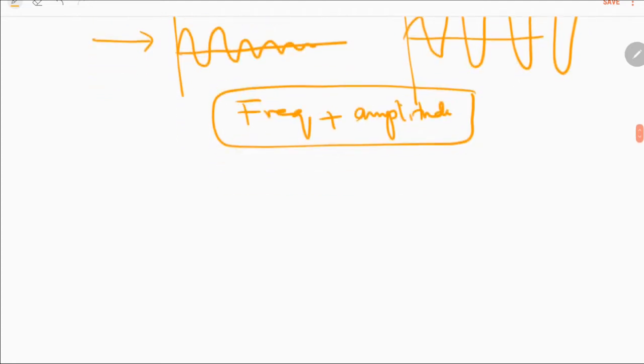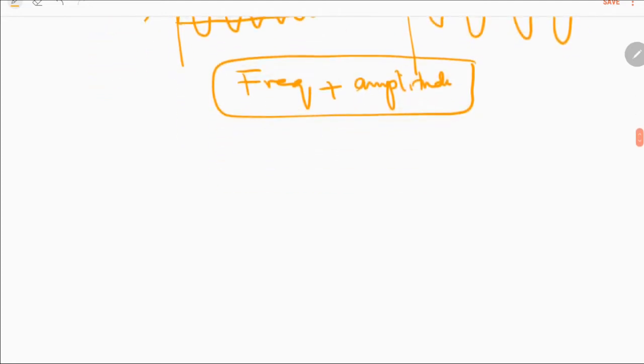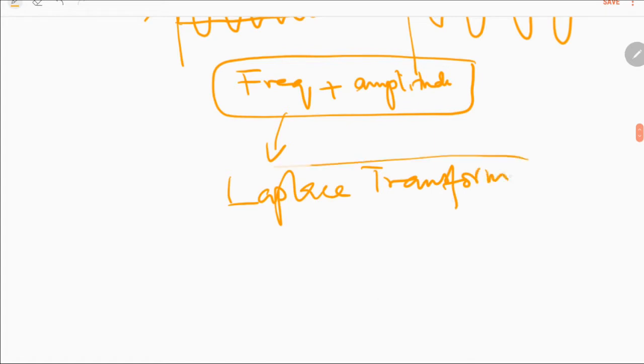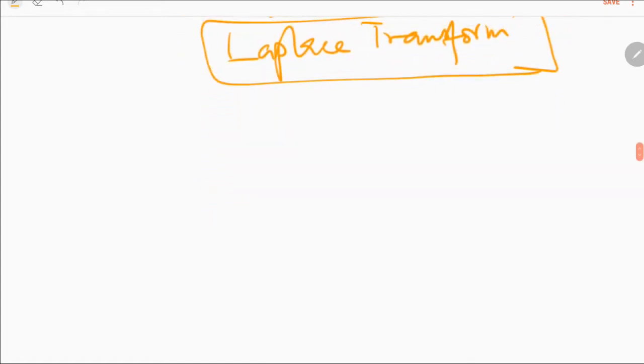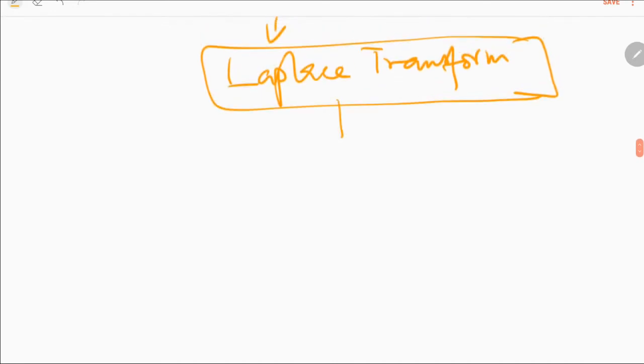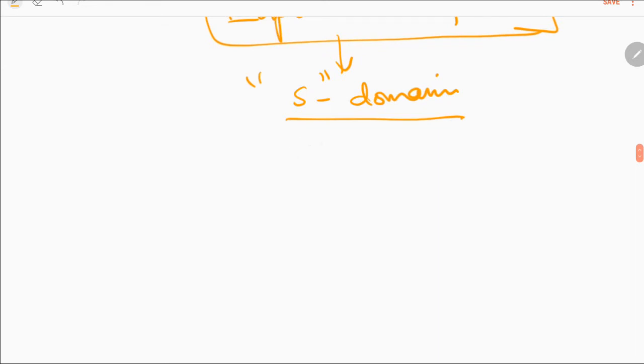So to do that, we have the Laplace transform, right? In the Laplace transform, we use the S domain. Now what is S?